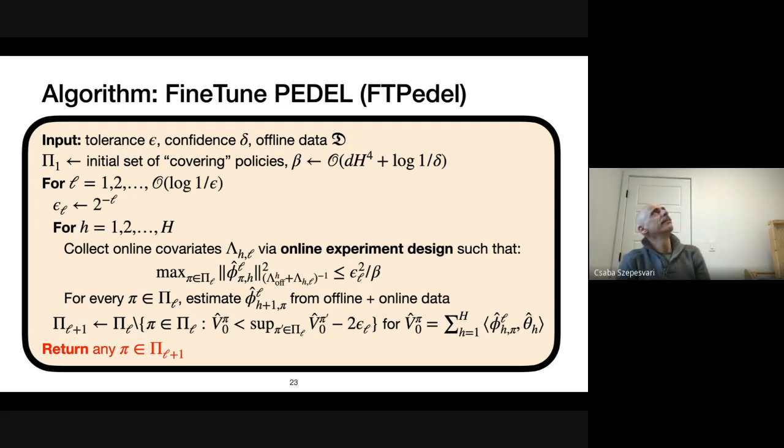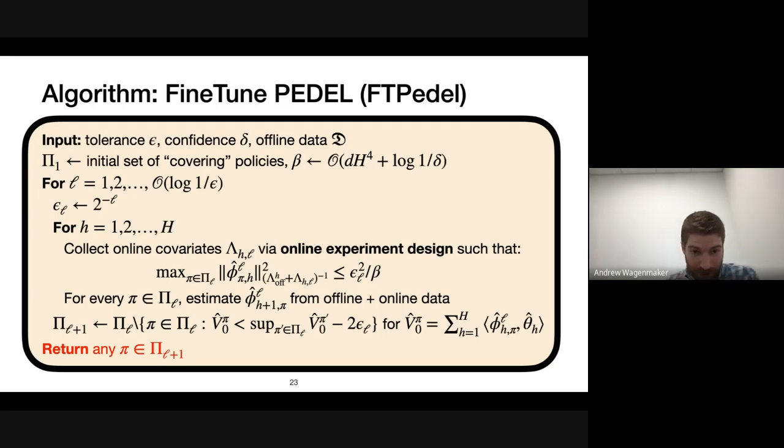It's just that the step that is running the online experiment design ignores the rewards. Yeah, it ignores the reward, but it's kind of baked in which directions it's trying to explore. It's only trying to explore the directions in the active set, and so it's focusing its exploration just on the directions spanned by high reward policies. Right. Yeah.